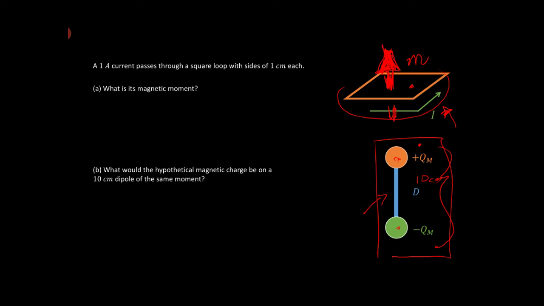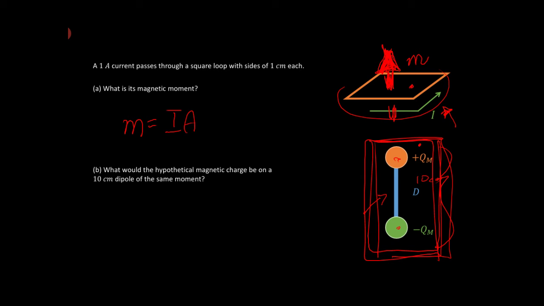In fact, if you don't have calculus and you want to do forces on magnetic moments, you need to do something like this. All right. And we don't use calculus in this class. So let's see, what is the magnetic moment? Well, the basic idea of magnetic moment is the current times the area. You might get that from the units that we've been using.